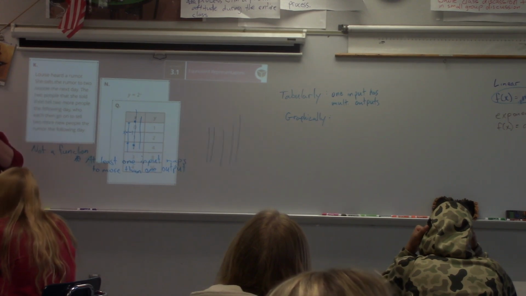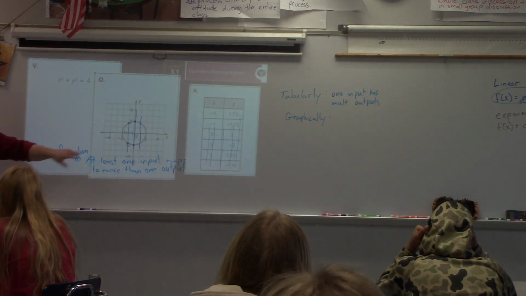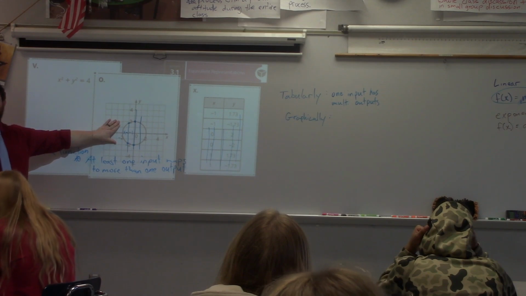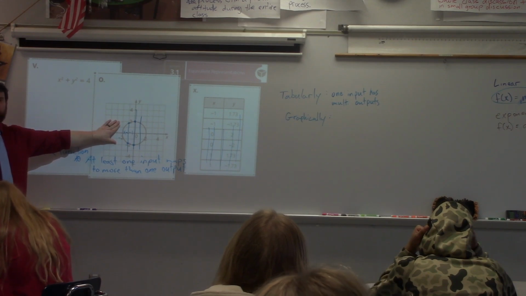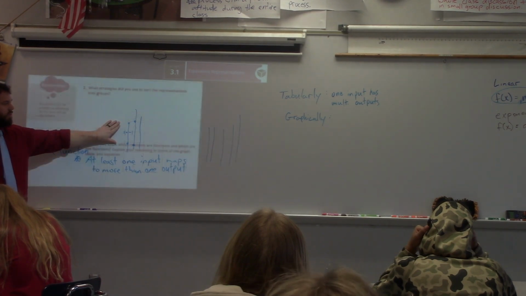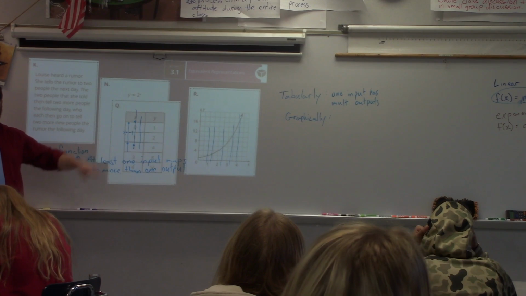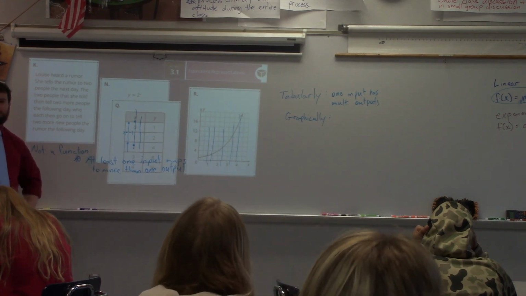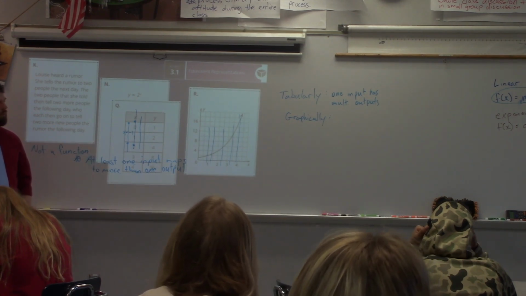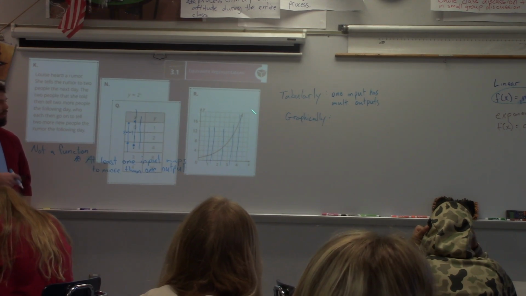Okay? I need eyes up here paying attention to this. So I want you to contrast the circle here that's not a function. How do we know it's not a function? Versus this exponential that is a function. What are we seeing that's different? This one's constant and it's adding. Anybody want to add on to or push back on this is constant and adding?